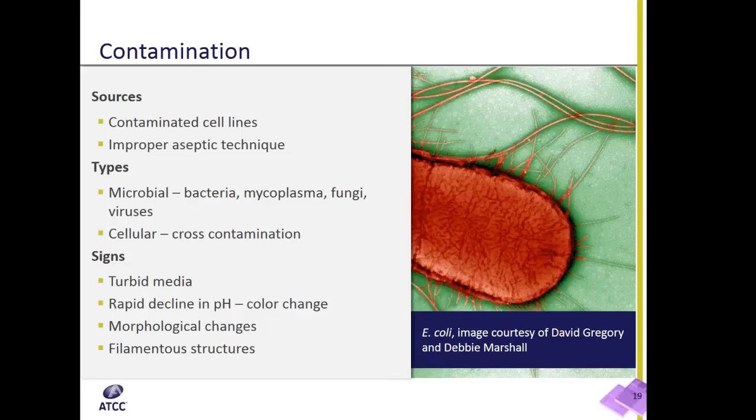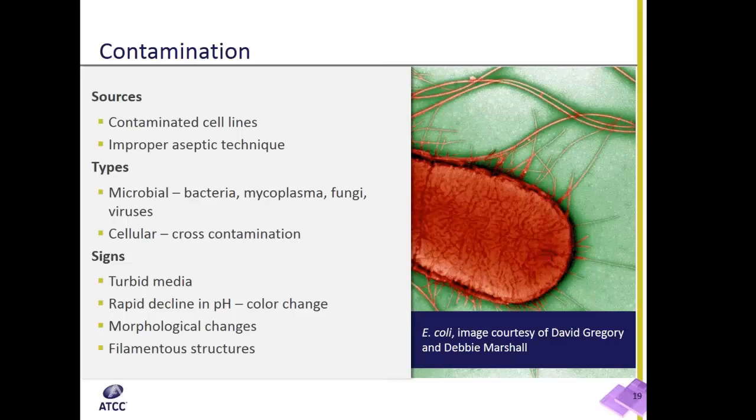Bacterial and fungal contamination are the most commonly seen problem in labs. They can appear quickly, but fortunately are also easily detected. Turbid and acidic media usually indicate the presence of bacteria. Cell stress from microbial contamination may also lead to morphological changes. Fungal contamination is seen by the appearance of obvious filamentous structures in the media.